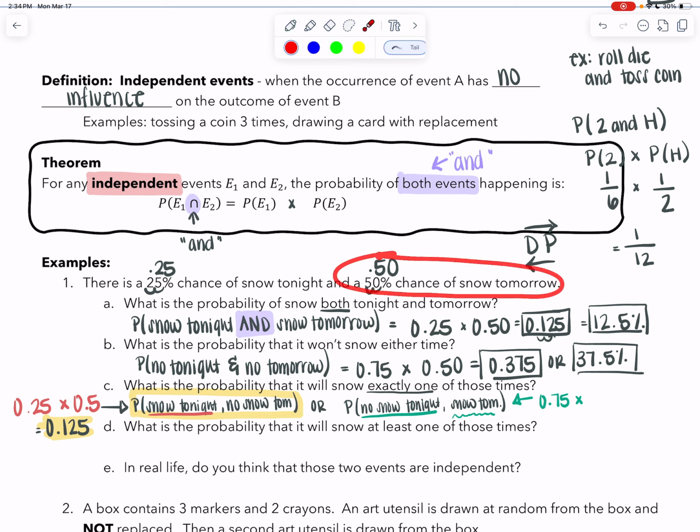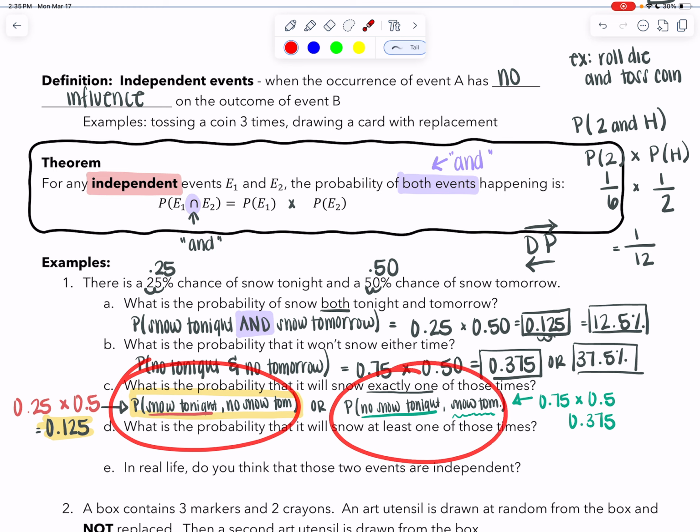Well, there's a 50% chance of snow tomorrow. So I'm going to multiply those two, and I get 0.375. Now, because either one of those could happen, this scenario or this scenario, I'm going to add those two numbers together.